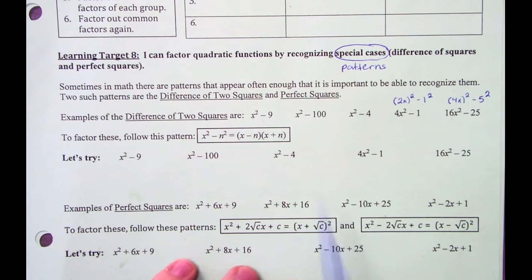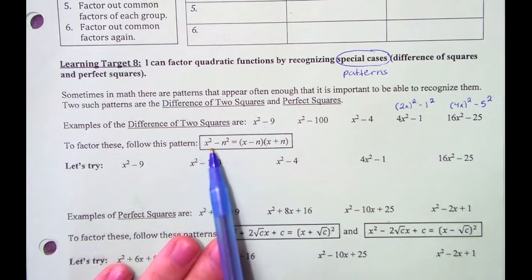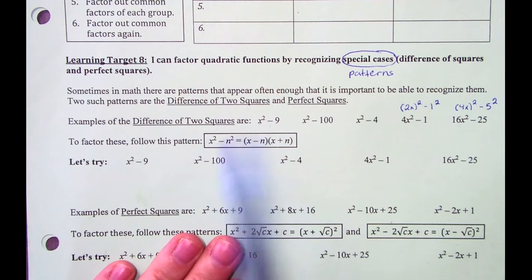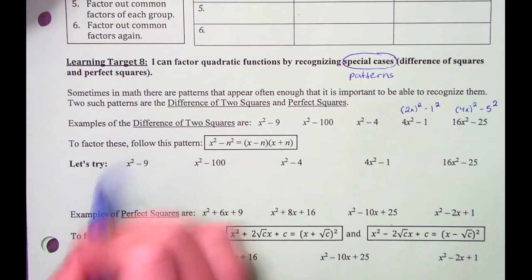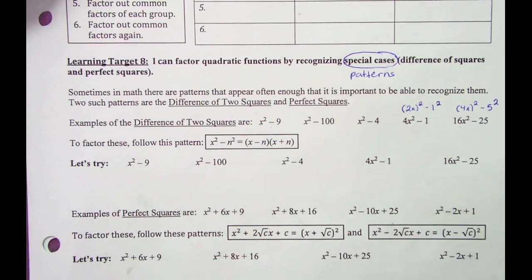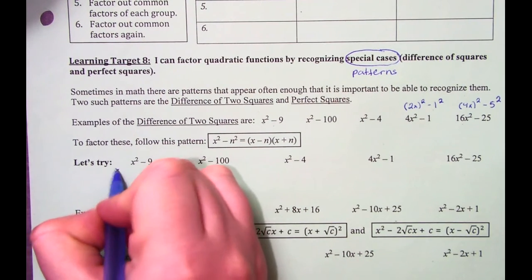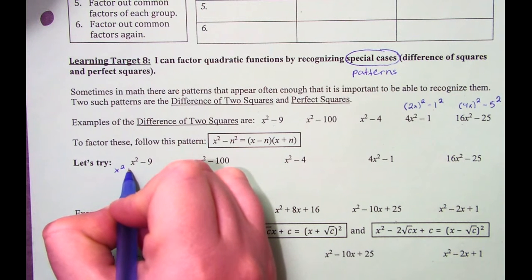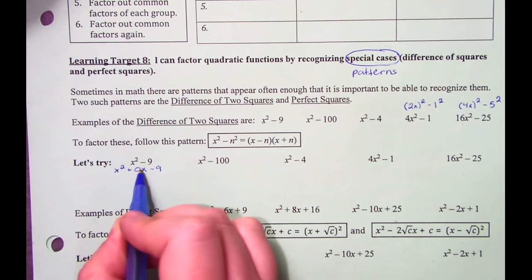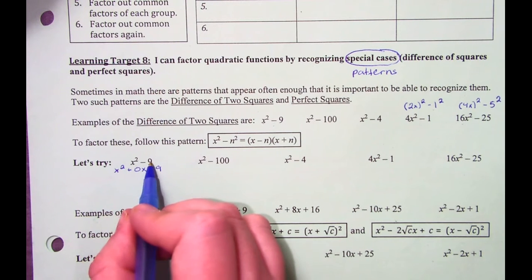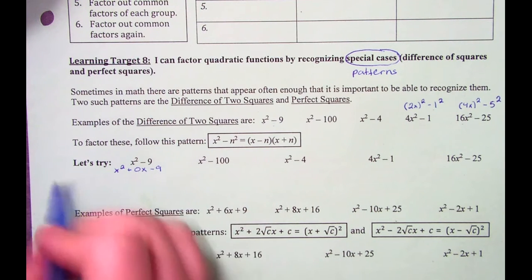Now, whenever you see this situation, they actually follow this pattern. I'll show you on this first one and you can see why that pattern works. So really, this is x squared plus 0x minus 9, right? Because there's no b term in there. We just have the a and the c. So b is actually 0.